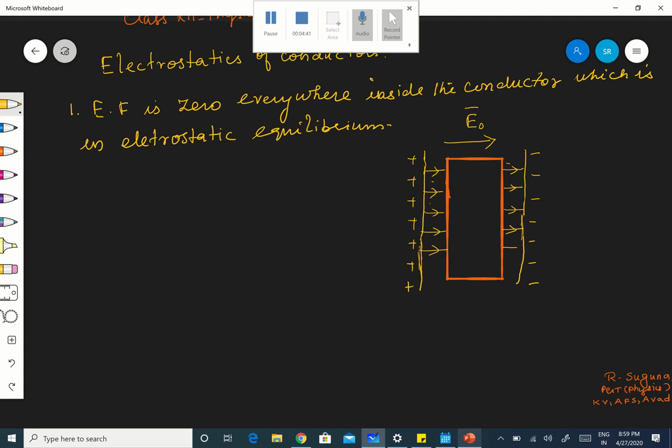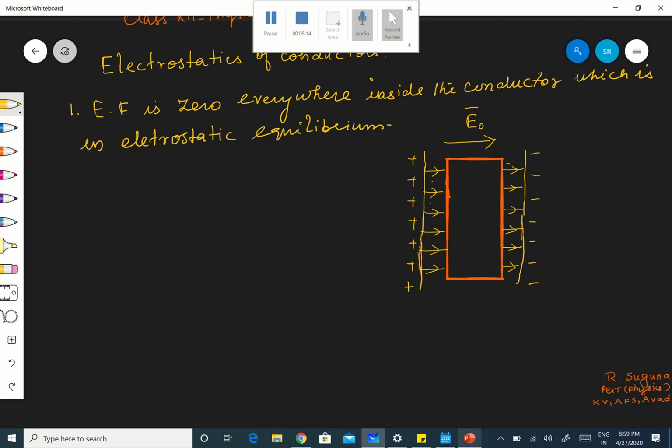Now what happens? Once I keep the conductor inside the uniform electric field, due to the induced charges inside the conductor, a conductor has a large number of free electrons. Therefore induced electric charges will be there, charge separation. Inside, so many free electrons are there.